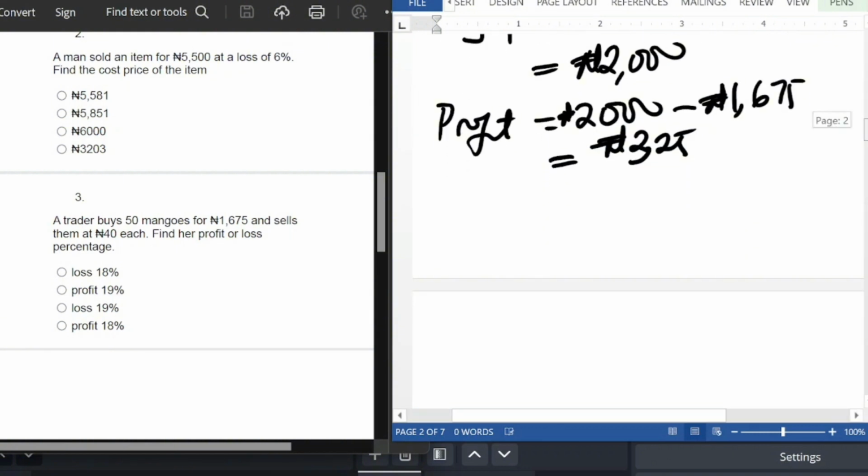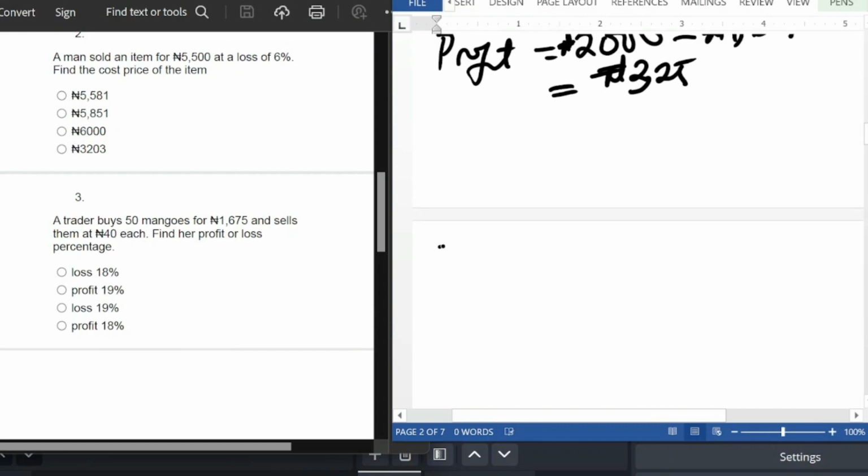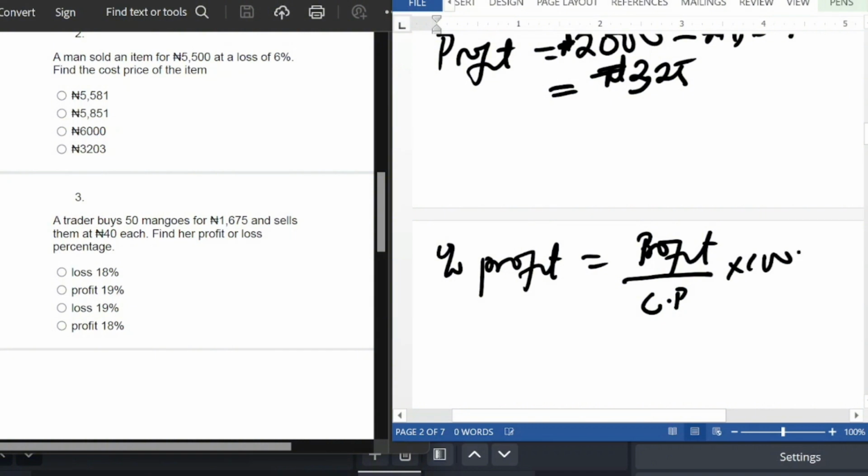That's not what we're looking for. We are looking for profit percentage. So percentage profit will be the profit divided by the cost price multiplied by 100.